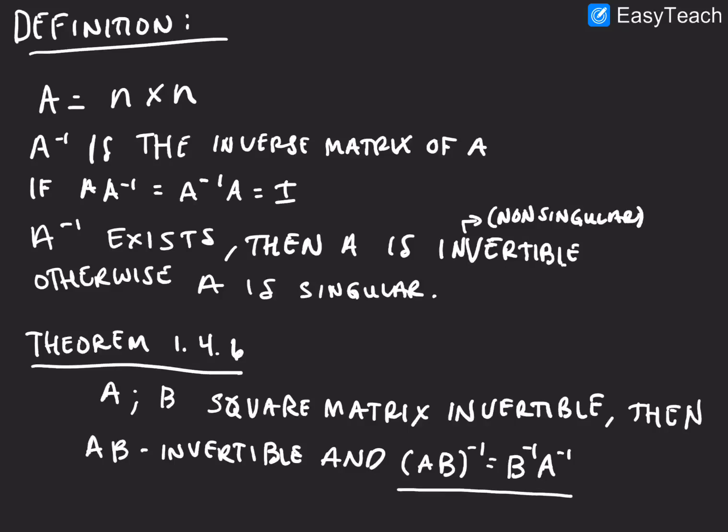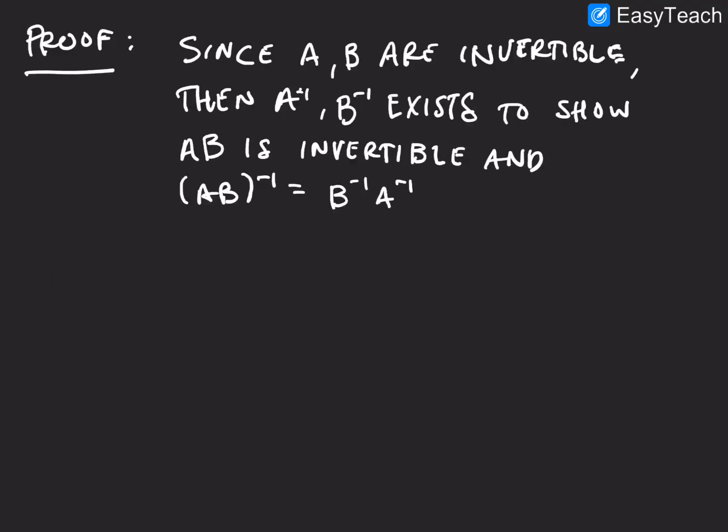So this is a great thing to know when you're doing your proof, which should be coming up right now. So the proof is, since A and B are invertible, then A inverse and B inverse exist. To show A times B is invertible, and AB inverse is equal to B inverse times A inverse. Okay, so where do you start? Well, let's pick a nice color. We'll probably go with blue.